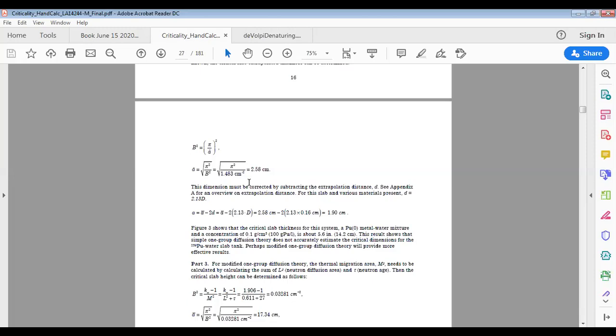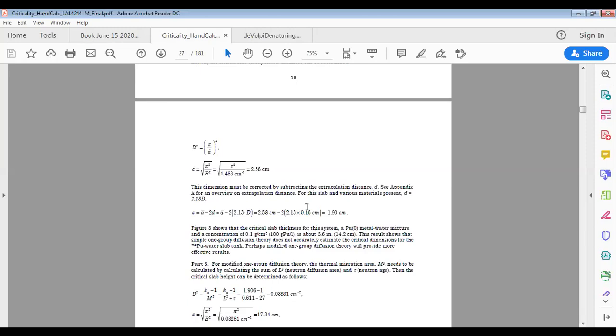Now, when I find a bar, I've got to find the extrapolation distance, which comes out to be this much. They've used a value of 2.13 times D. So it was like 0.71 times lambda transport. Lambda transport is the inverse of sigma transport, and sigma transport is 1 over 3 times the diffusion coefficient. So this number over here is 0.71 times 3, it's 2.13.